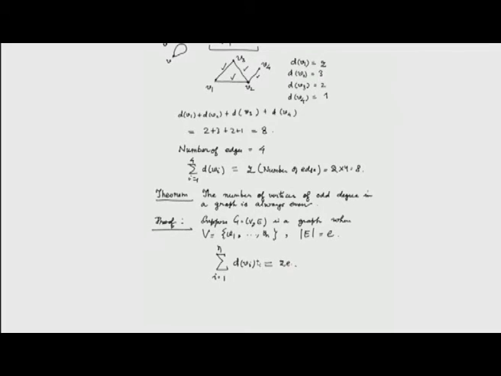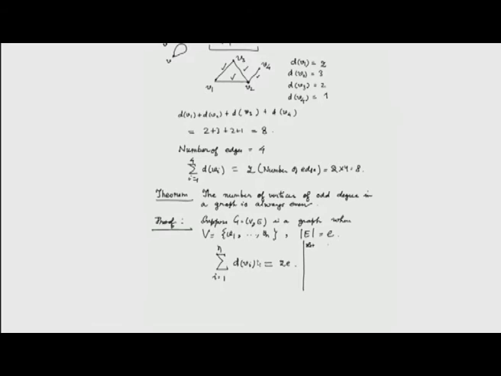Now, what we observe is that in capital V, that is the set of vertices, there are two types of vertices: the vertices which have odd degree and the vertices which have even degree.